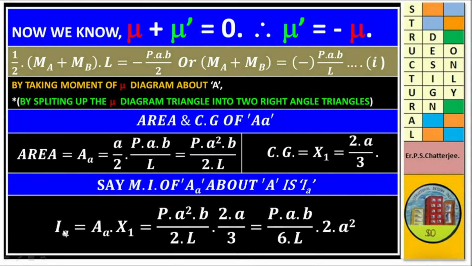Then I1, that is the first portion of the triangle, is A1 into x1, that is equal to P into A square into B by 2L into 2 into A by 3, which is equal to P into A into B by 6 into L into 2 into A square.